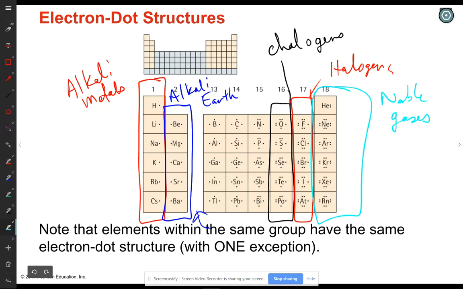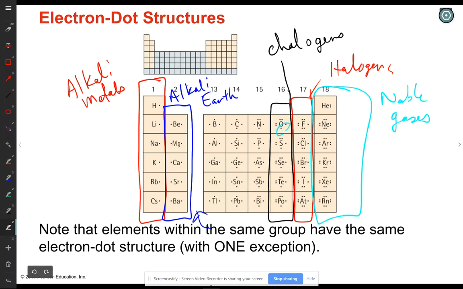And notice the dot pictures. All of the alkali metals have the same dot picture, single dot, because they have one lone electron in the valence shell, in the outermost shell. The alkali earth all have two dots because they have two electrons in the valence shell. And then we get over to the chalcogens.